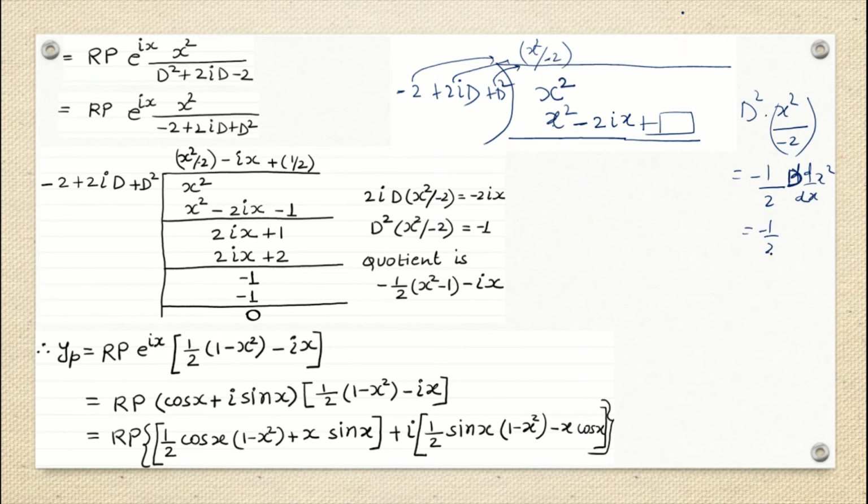This is nothing but 1 by 2 d of x square is what? D by dx of x square will give you 2x. Or you will write down how much? This is minus d by dx of x, that is minus 1. So you are going to write down here how much? Minus 1. Fine. Now what I am going to do? I am going to cancel it out. So this is now 2ix plus 1.